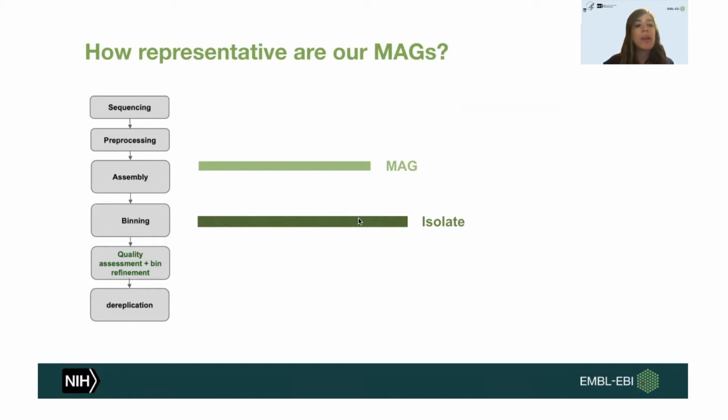And then we looked at MAGs and isolates that matched at a species level. What we defined as a species level match is whether they aligned at least 30% with at least 95% ANI. This was a criterion that was proposed by Alex in the Finn group in his Nature Biotech paper.